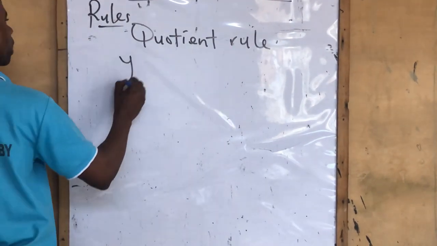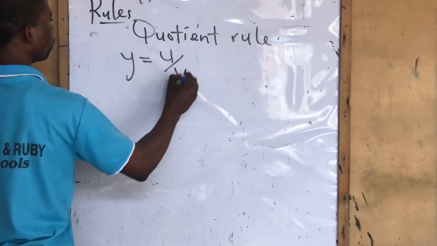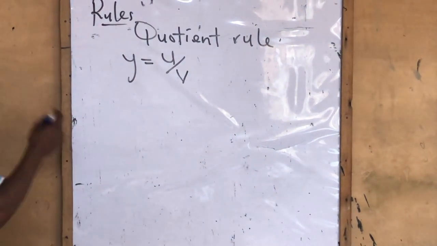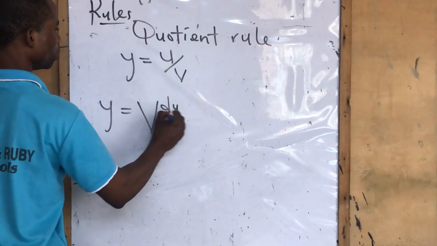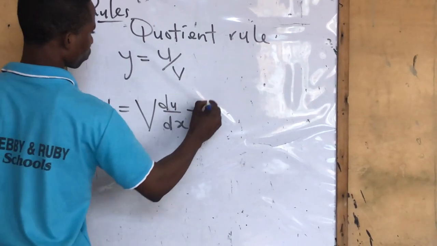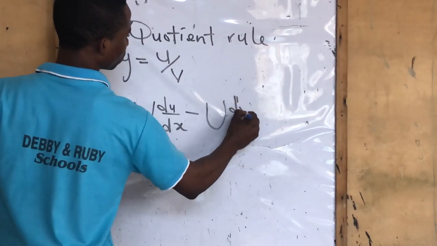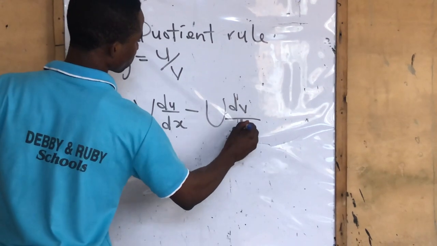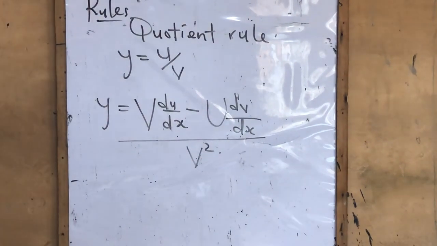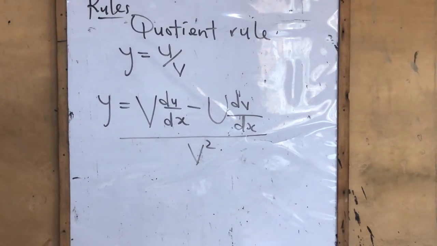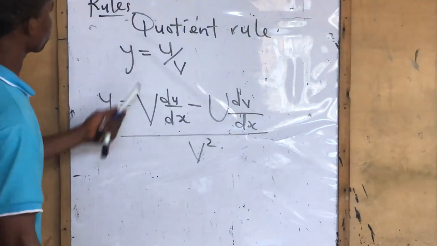That one is y equals u all over v. That means dy/dx equals v du/dx minus u dv/dx all over v squared. That's the formula for that. We have to memorize it, we have to know it.